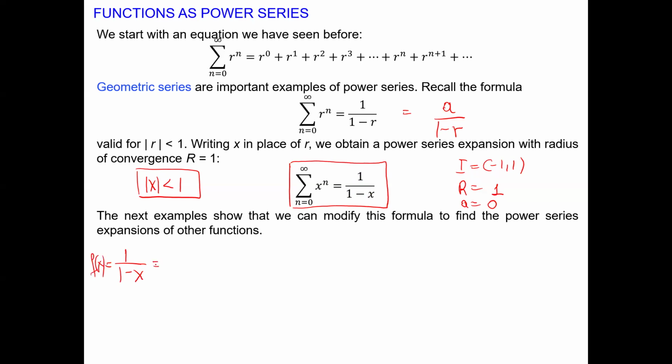If we get the question, please get the power series representation, we know that it is the summation of x to the power of n, starting with 0. That means the power series representation for the function 1 over quantity 1 minus x is the summation of x to the power of n: x to the power of 0, x to the power of 1, x to the power of 2, x to the power of 3, and so on.